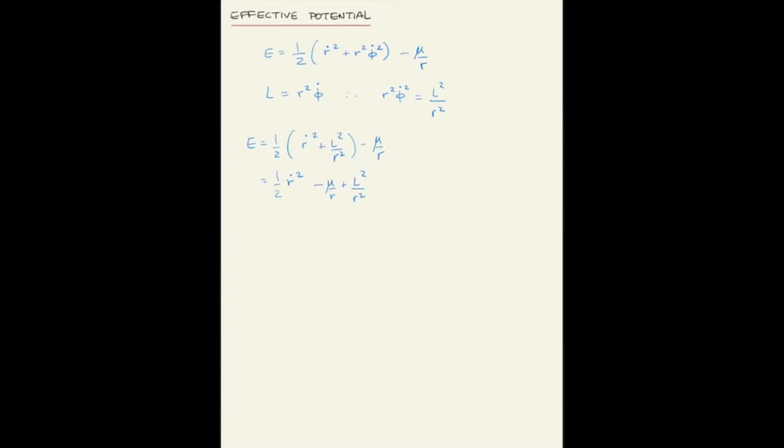So that the energy is the kinetic energy, which is this term, minus an effective potential. And the effective potential is a function of the angular momentum minus the potential energy. Now this term in the potential is repulsive, and it's of course due to the centrifugal force.